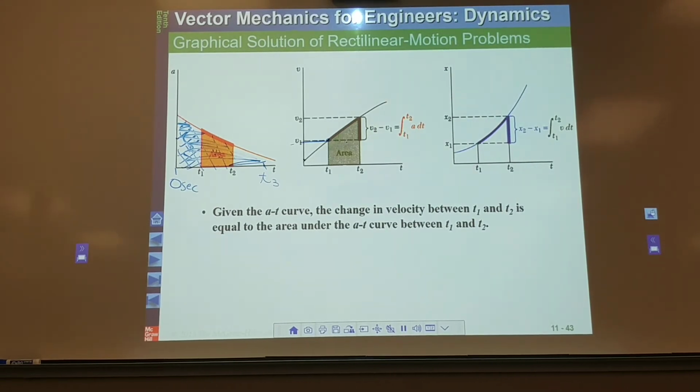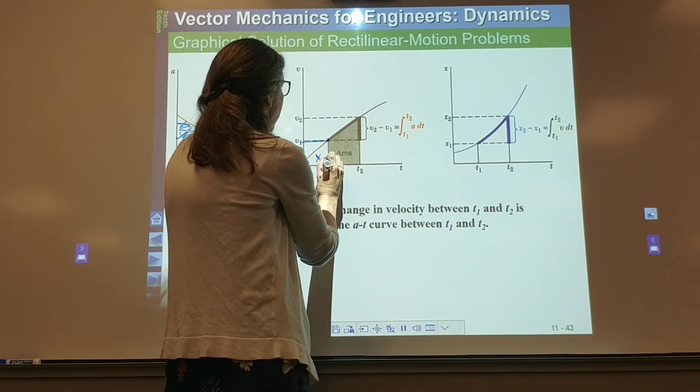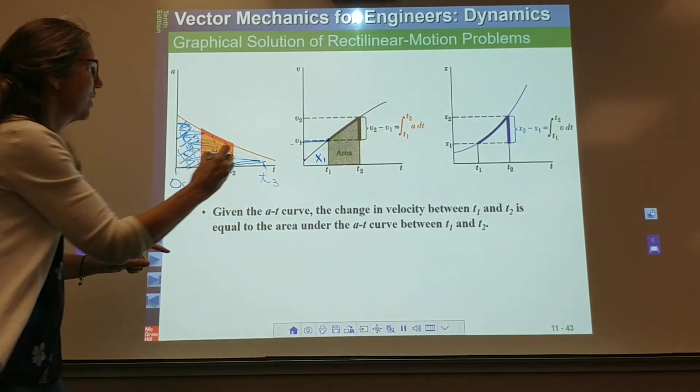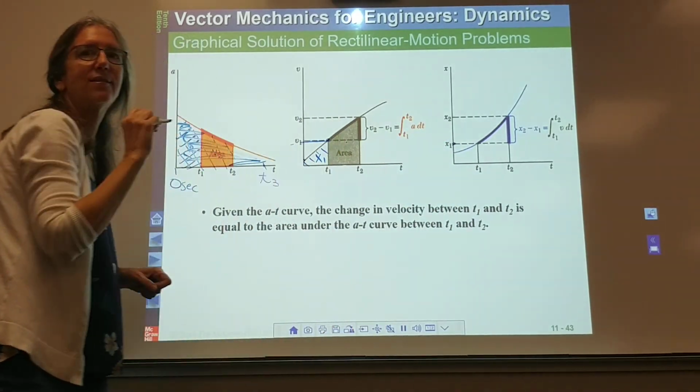And you can do the same thing. Same relationship holds between velocity and position. And so if we wanted to find the position at x1, the area under that curve would be the value of x1. Okay?